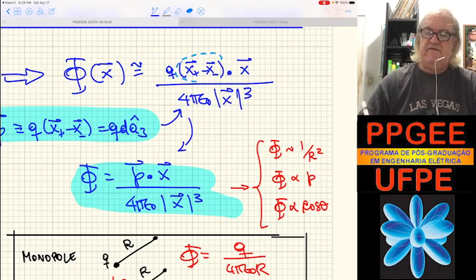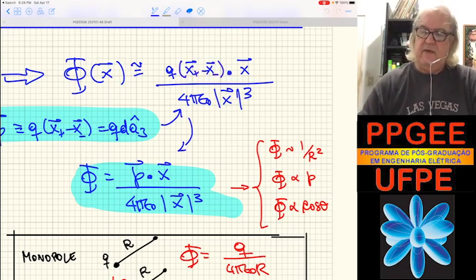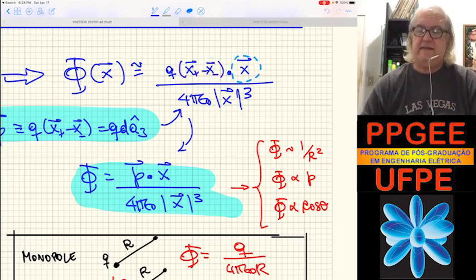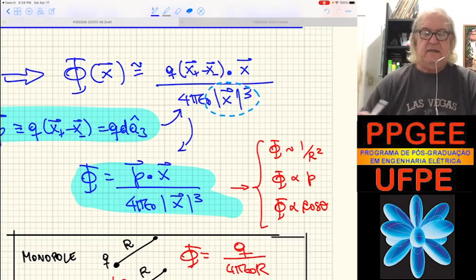You have the difference vector between the two charges, you have the position x, you have the cube of the magnitude of x.